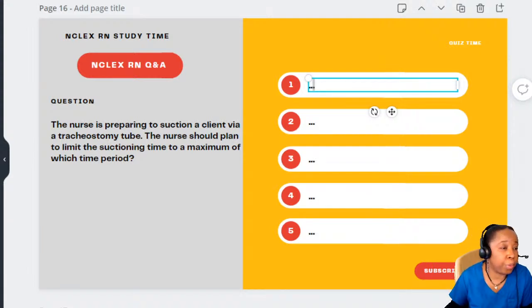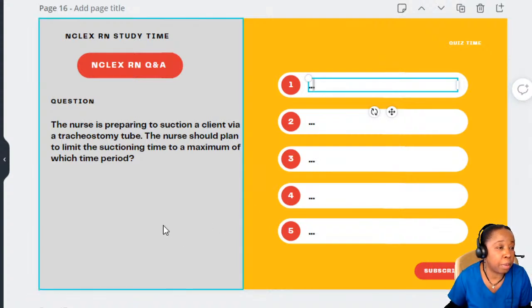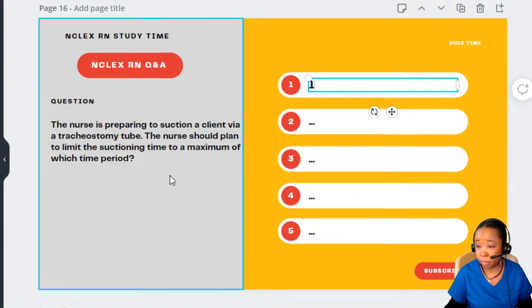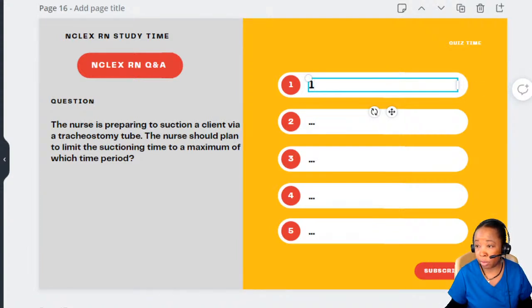Okay, the nurse is preparing to suction a patient who has a trach tube on. The nurse should plan to limit the suction time to a maximum of what time? Let me give you some options. The first one says 1 minute.